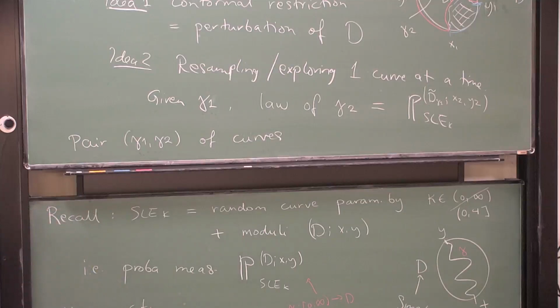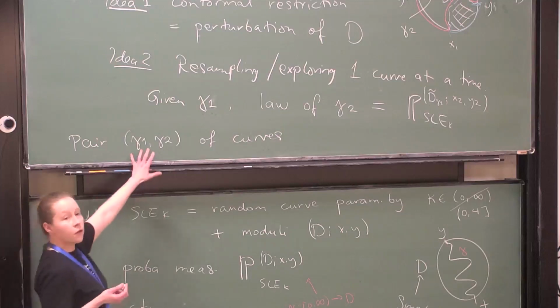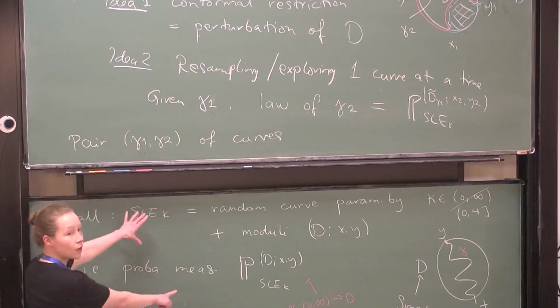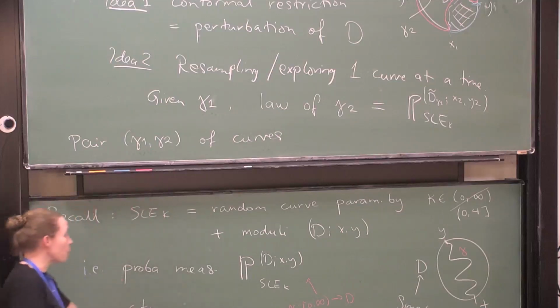But then by this abstract nonsense, you don't really get the construction of this thing. So maybe a nicer way is to think about how to construct a measure for this kind of pair if I already know this ingredient for one curve. Because this I get from Brownian motion, right?